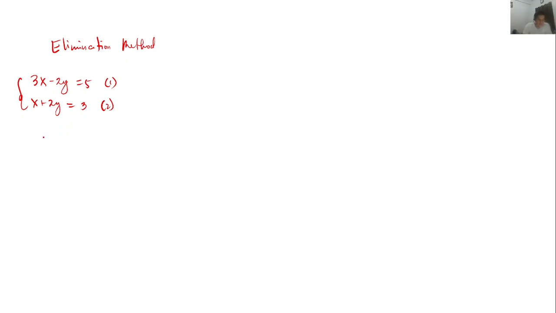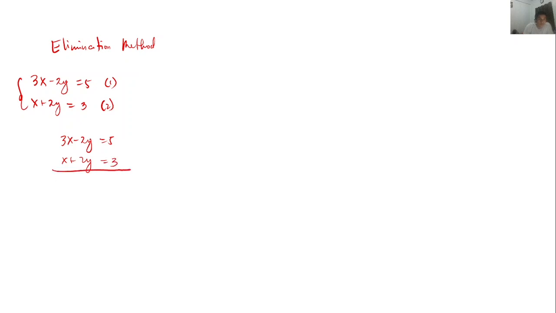Since the y terms in both equations are opposites, negative 2y and positive 2y, that makes elimination quick. So add equation 1 and equation 2. We have 3x minus 2y equals 5 and x plus 2y equals 3.